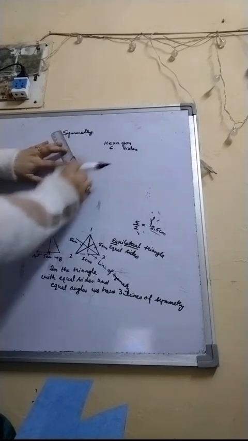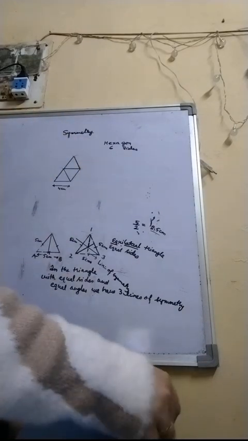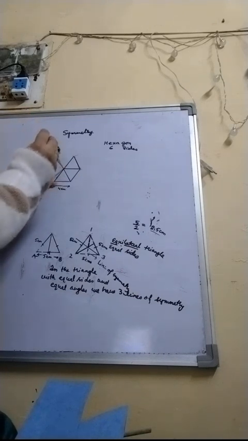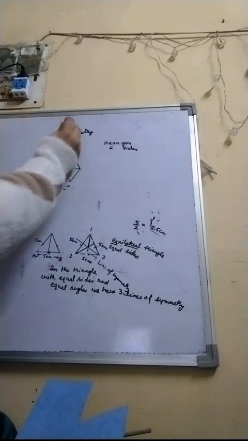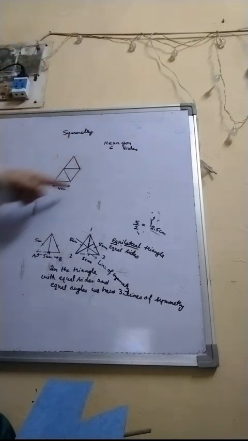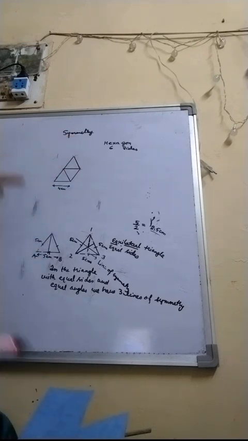Then we draw the fourth side. This is becoming the center and these are becoming the side corners.